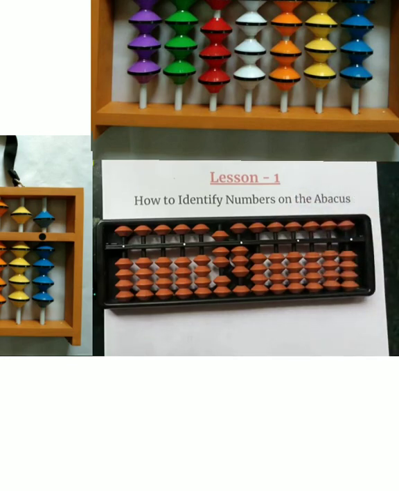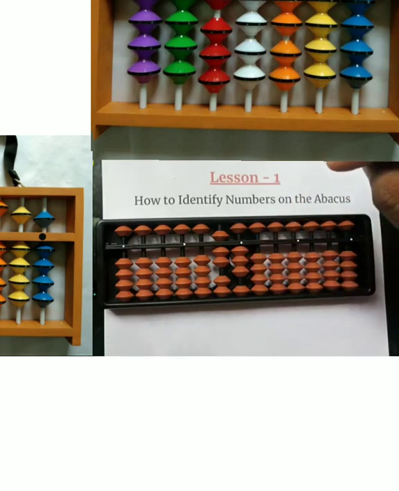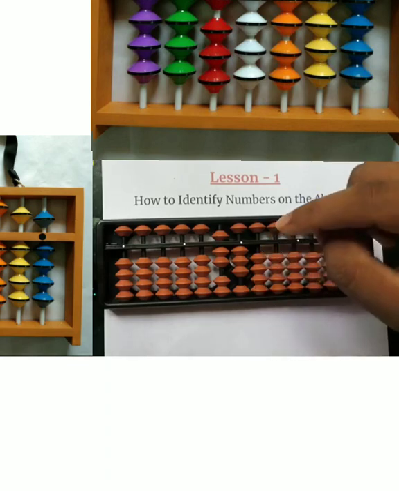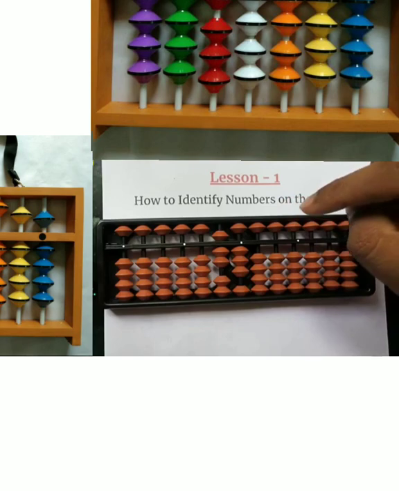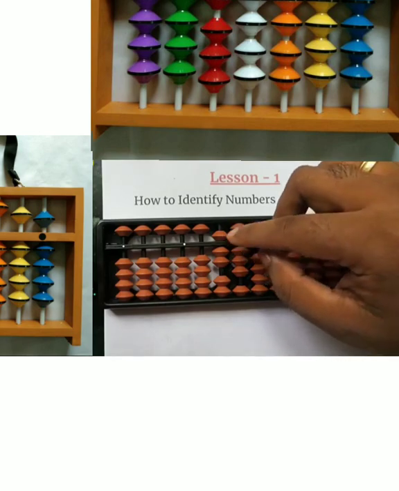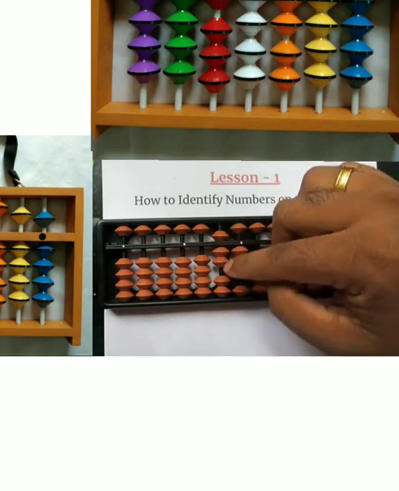Remember, whenever a child is being taught this, he needs to be explained that it is very important to check whether the upper bead is in use or not. Whenever the upper bead is in use, the digit on that particular rod has to be 5 or greater than 5. Sometimes the kids just count the number of beads and say that this will become 3.